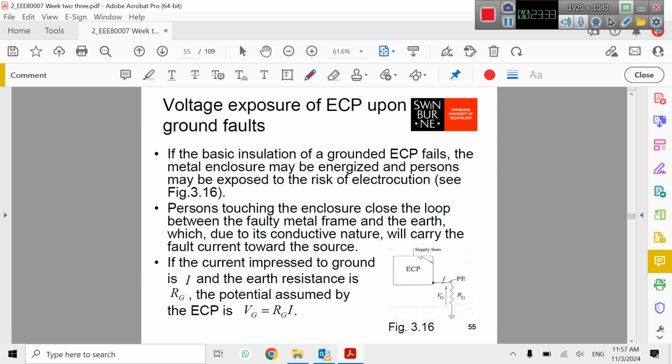So VG, as it's very clear here, if you want you can use the KVL from here to the ground, the KVL which you have learned in semester 3 at least. The VG is equal to RG times I. So the voltage across the ECPs can be easily calculated.